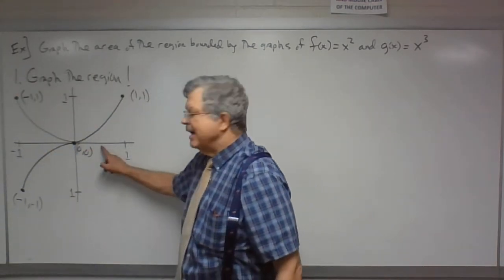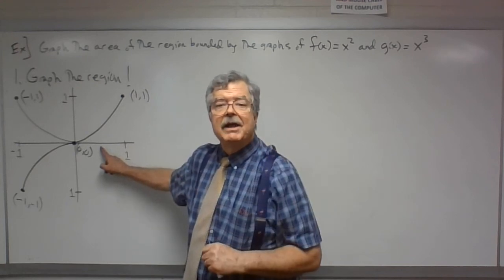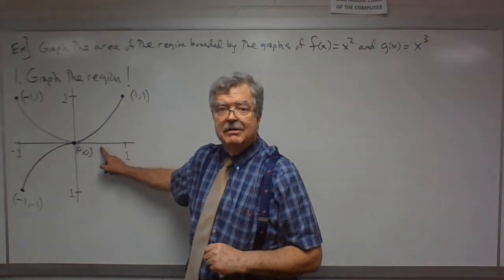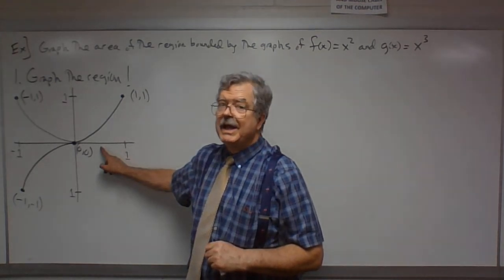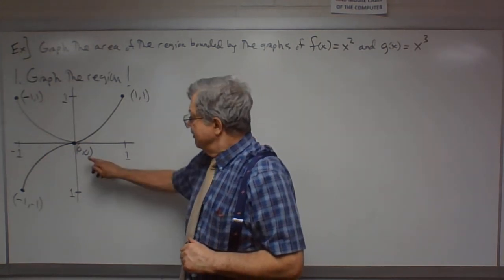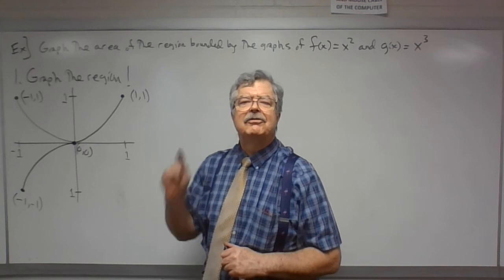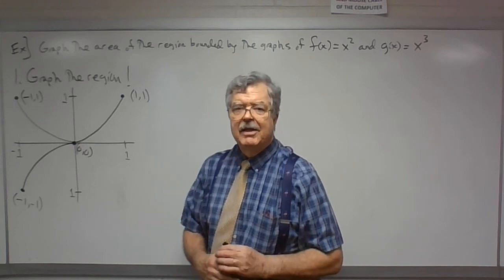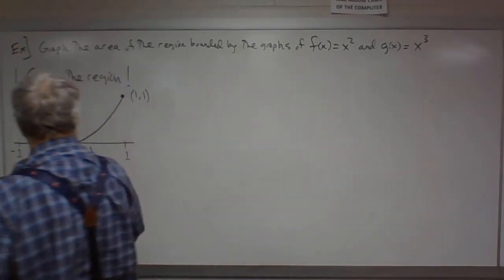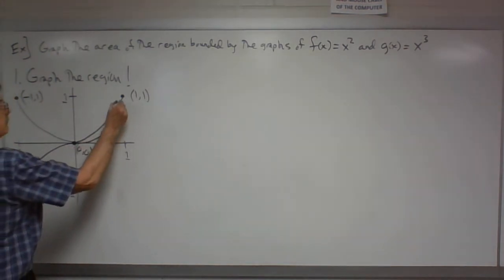What happens if we take 1/2 and we cube it? We get 1/8. That tells us something. For x values between 0 and 1, x cubed is smaller than x squared. So the graph of x cubed is going to lie below the graph of x squared.